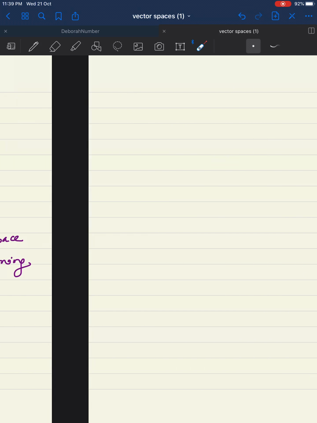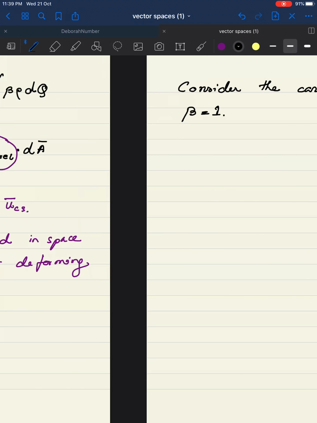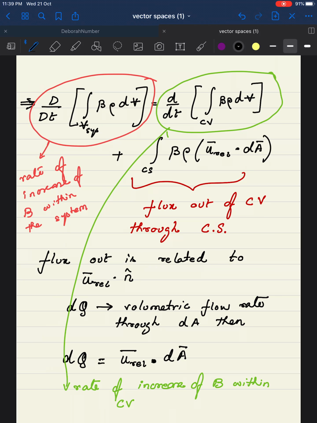Okay, so consider the case where my beta is going to be equal to 1. If my beta is 1, let us copy this equation over there.